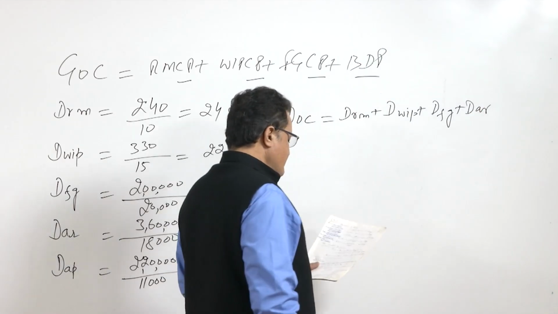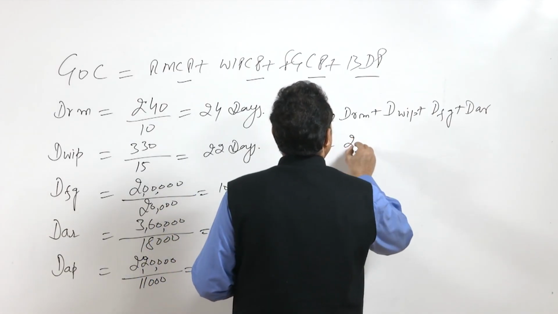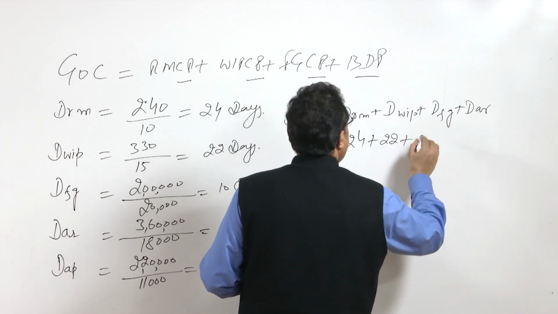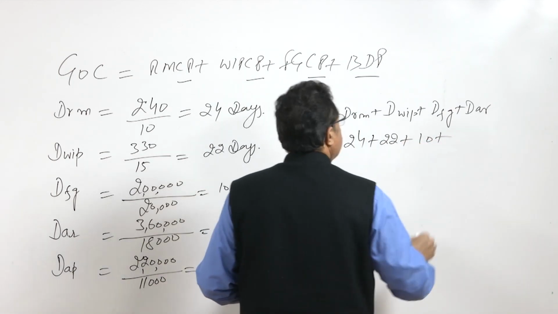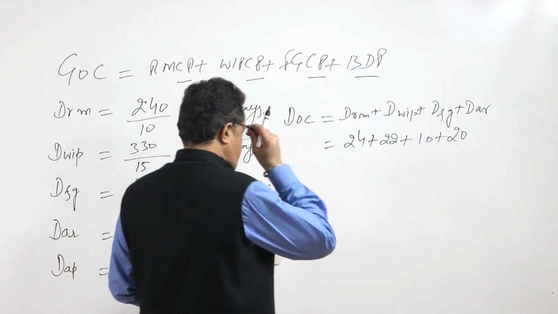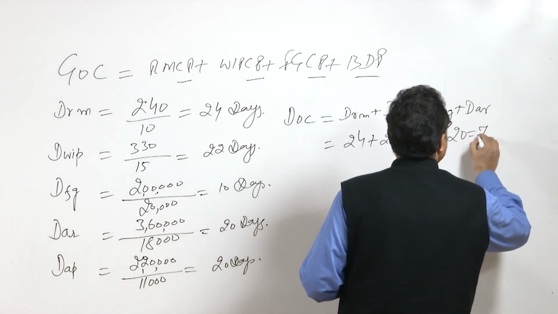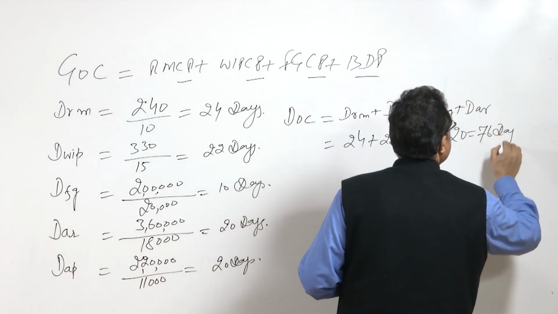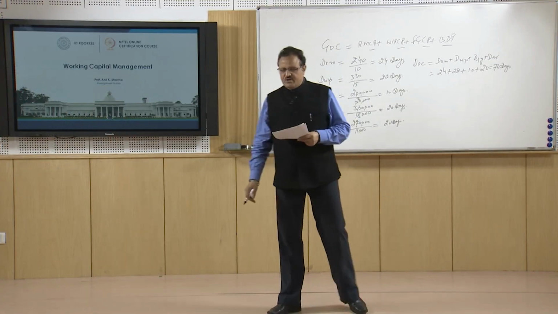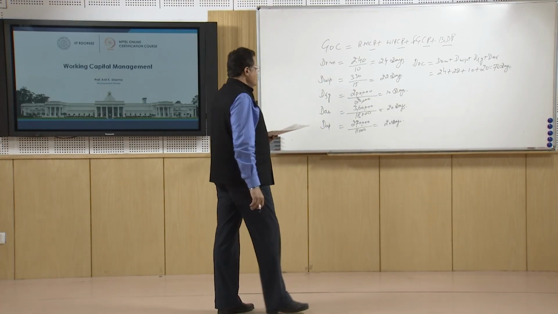These are the 4 durations we have already calculated: 24, 22, 10, and 20 days. The total works out as 46, then 56, and then 76 days. This is the 76 days duration of the operating cycle, or the gross operating cycle, DOC.